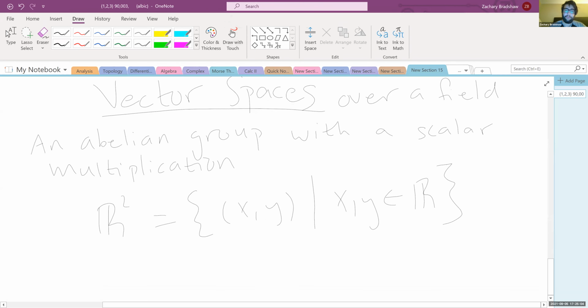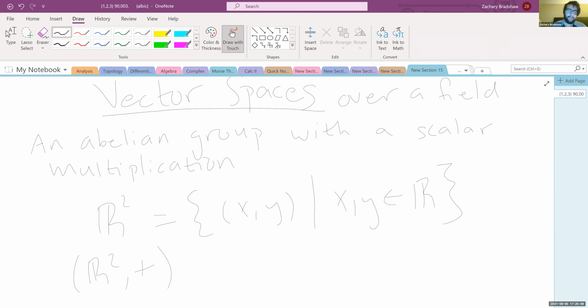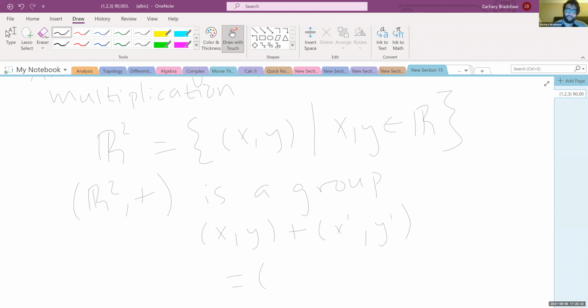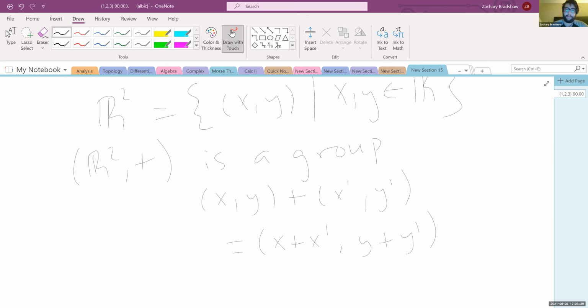And it's a group under addition, right? So R2 with addition is a group. And this group is commutative. What that means is, if I take x, y, and I want to add x prime, y prime, well, the way we do that is we add component-wise, so it's x plus x prime, y plus y prime, and I can switch this around.